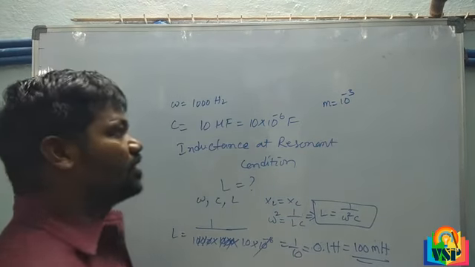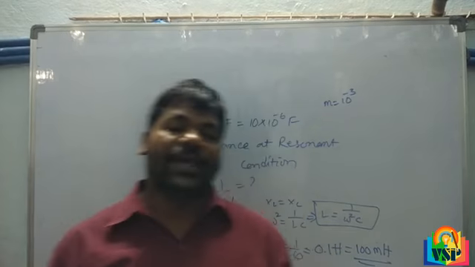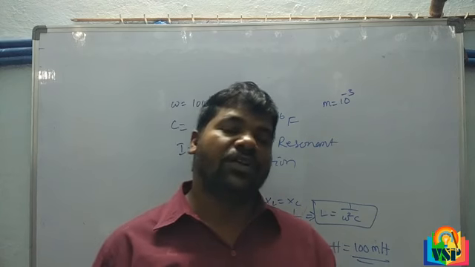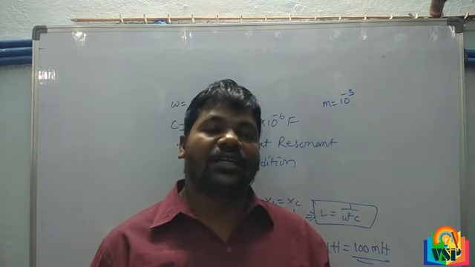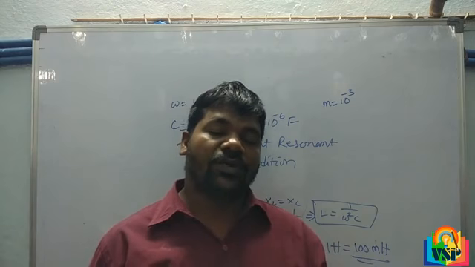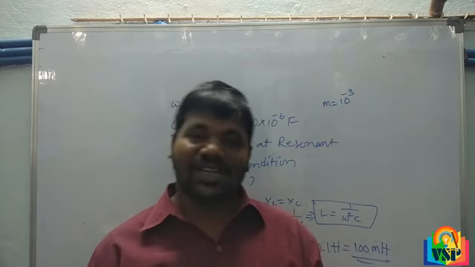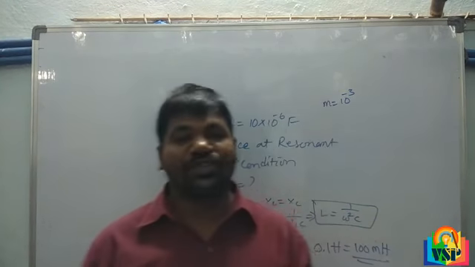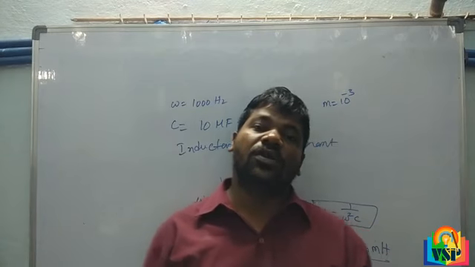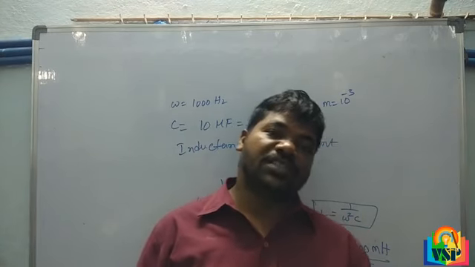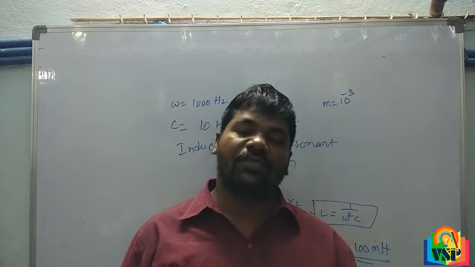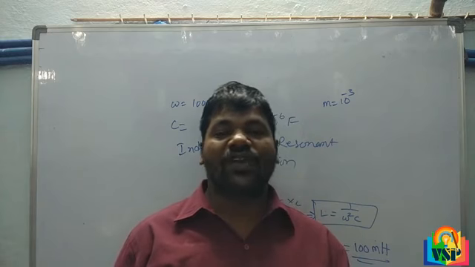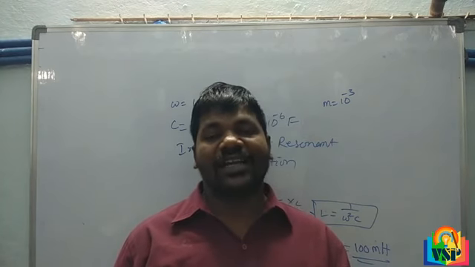So by using the resonance condition, omega is equal to 1 by root of LC. Based on that, omega square is equal to 1 by LC. By using this formula, L is equal to 1 by omega square C. By substituting the values, we get the answer as 0.1 Henry or 100 millihenry.